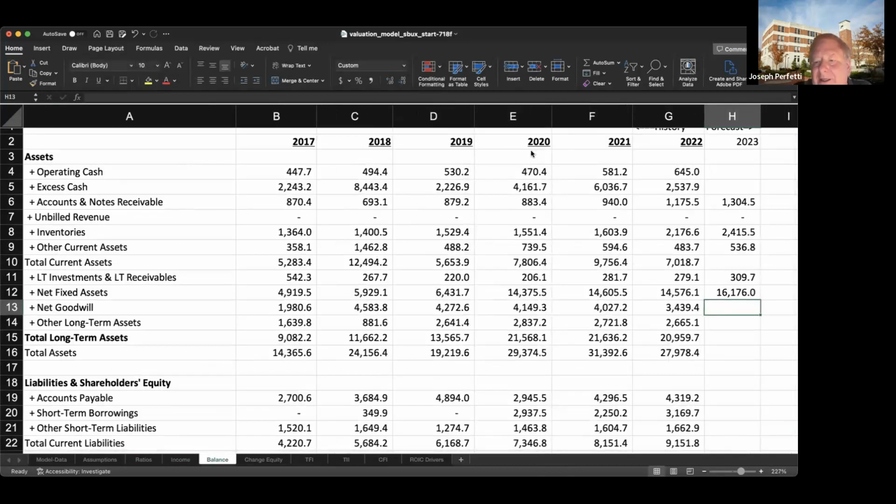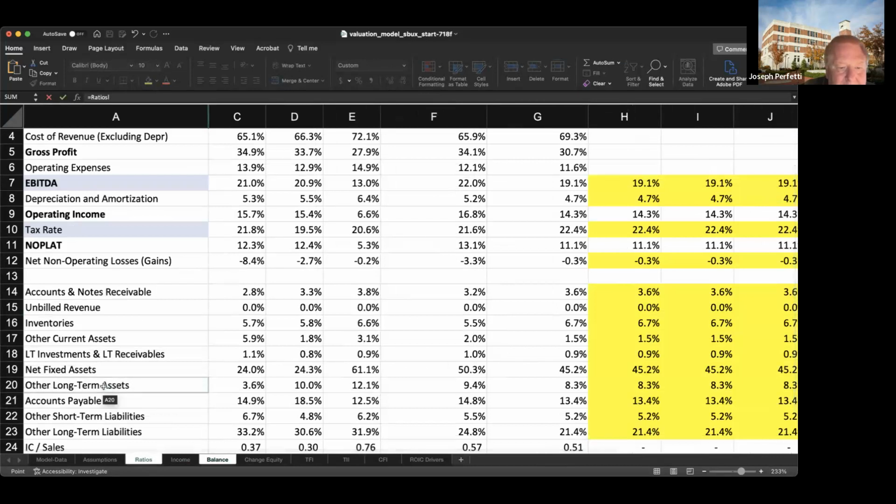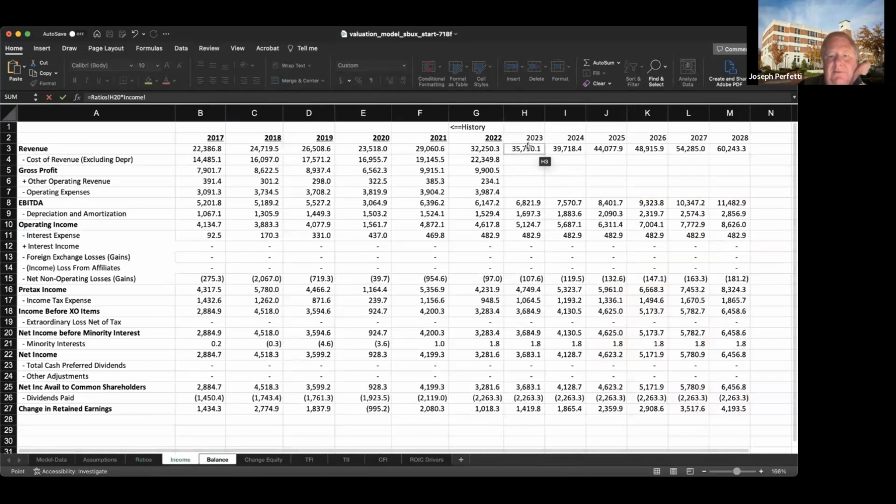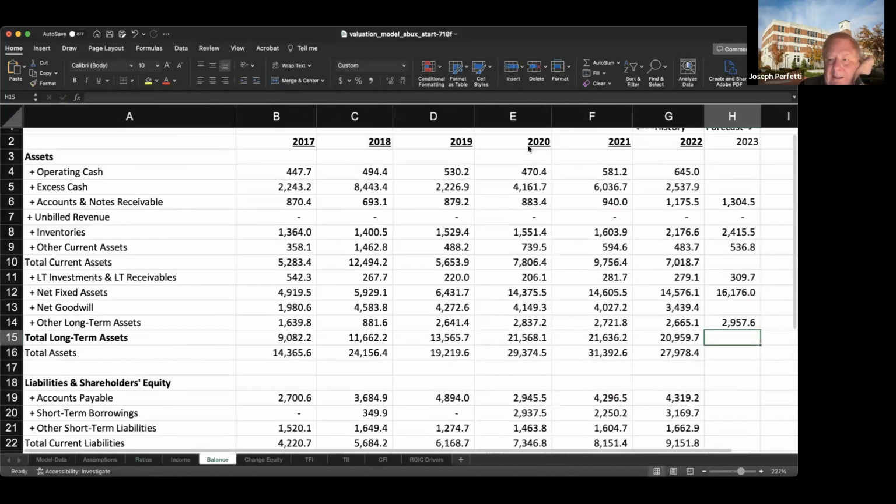That means 16,176 million of stores. The next item we're forecasting is other long-term assets, which is row 20. Equals as a ratio, other long-term assets as a percentage of sales, which is H20 times income H3, 2023 revenue, gets us 2,957.6 million of other long-term assets.